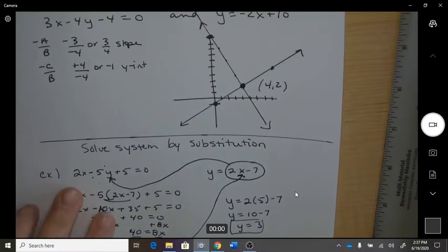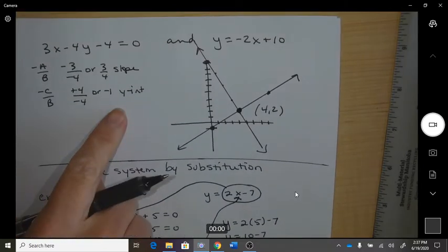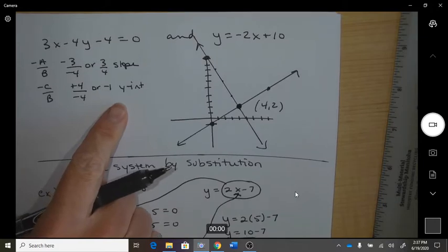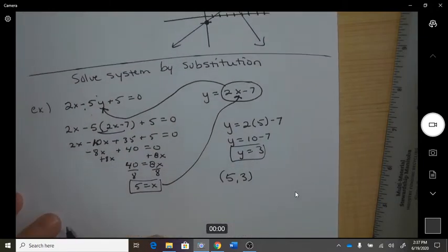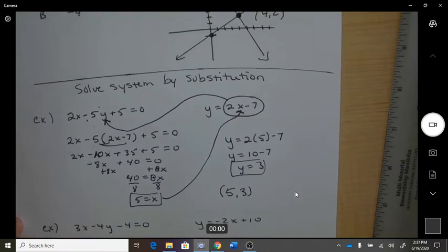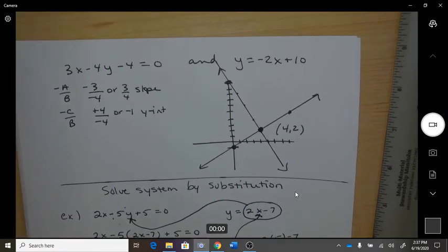Okay, why don't we try this one that we did last lesson with graphing, just to see if we get the same answer. So 3x minus 4y. Okay, so I just did that exact same question.